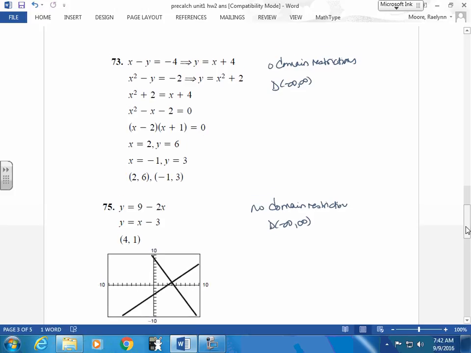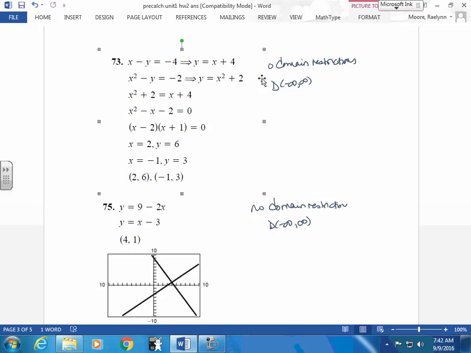So set both of these equal to y. We have a line, and what is this function going to give us? A parabola. So a line can cross a parabola once, it could be tangent to it, twice, or not at all.